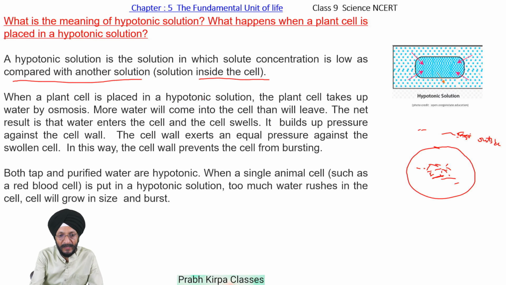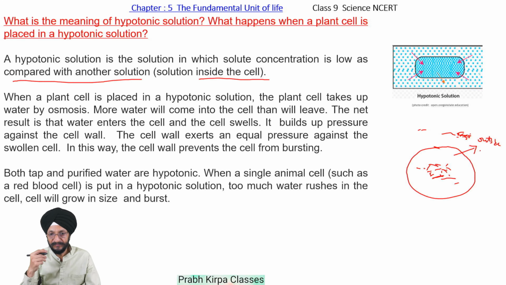So when a plant cell is placed in hypotonic solution, here we have placed the cell in a hypotonic solution, that is, outside has less solute concentration. So in this case, the plant cell takes up water by osmosis. So here the water will start flowing from outside to the inside of the cell.